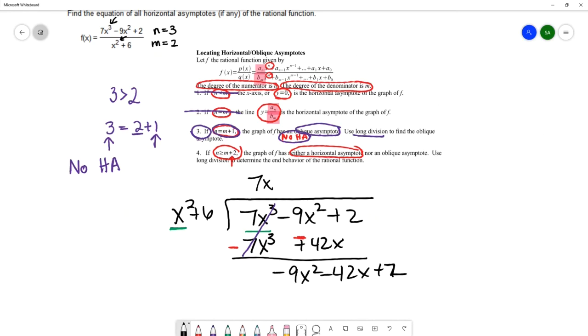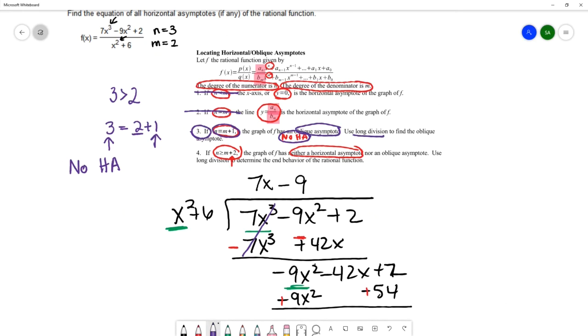You repeat that process over again. You're trying to match x squared with negative 9x squared, so that's a negative 9. Negative 9 times x squared is negative 9x squared. Negative 9 times 6 is a negative 54. You're going to subtract, changing these signs.